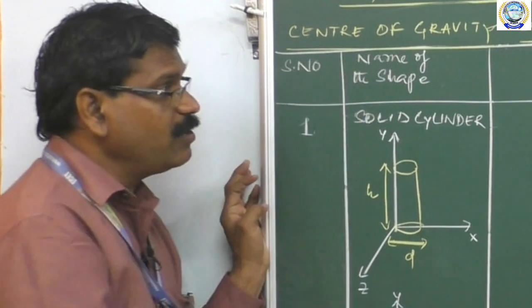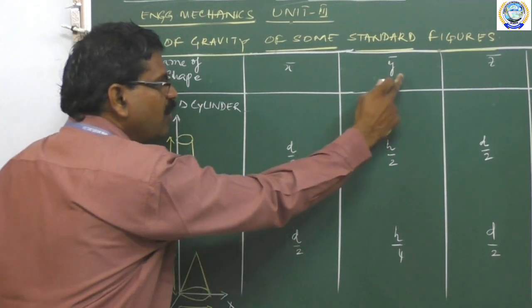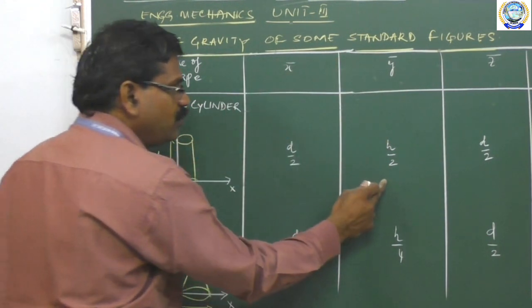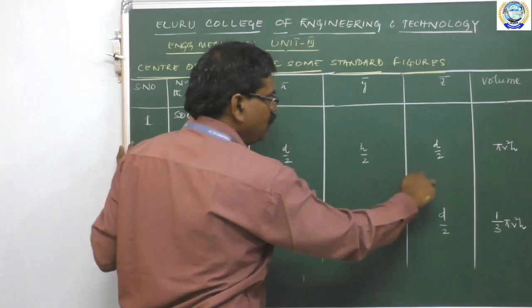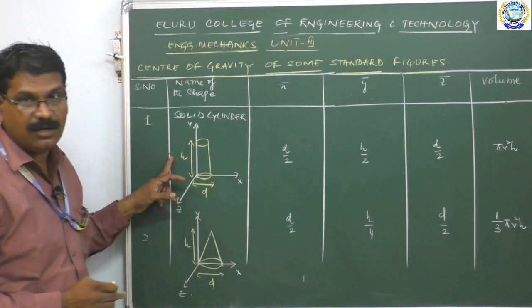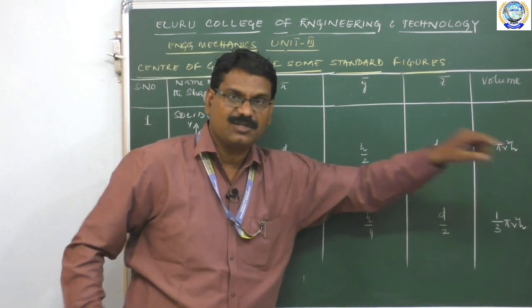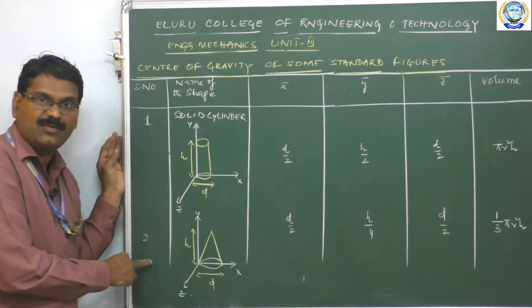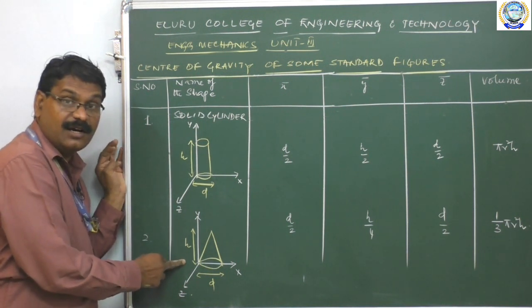The standard formula for the X bar coordinate of a solid cylinder is d by 2, the Y bar coordinate is h by 2, and the Z bar coordinate is d by 2. And to find the volume of the solid cylinder, we have a standard formula, pi r square h.